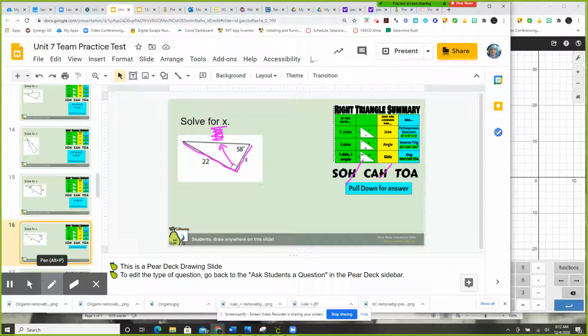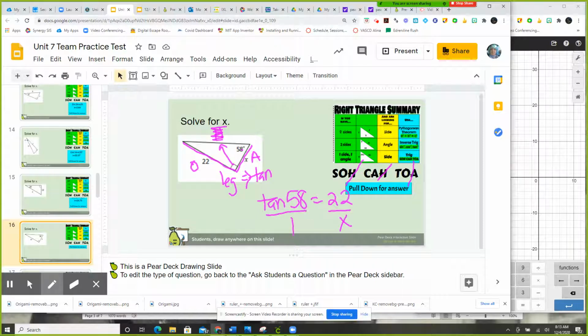So it can't be sine, it can't be cosine. If you have the two legs, legs are going to make you do tangent. So I've got the opposite side and the adjacent side. Tangent of my angle, the angle always goes right there, and then O divided by A. So 22 divided by X.